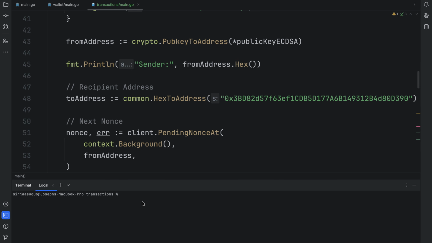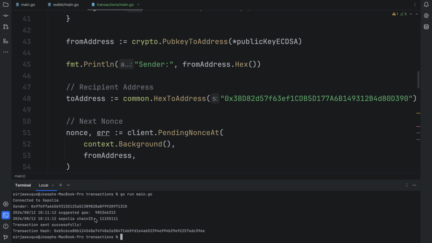So let's do go run main.go. So that's the sender. Now, as you can see, we have sent this. This is a transaction hash. This is the sender. This is the Sepolia chain ID.